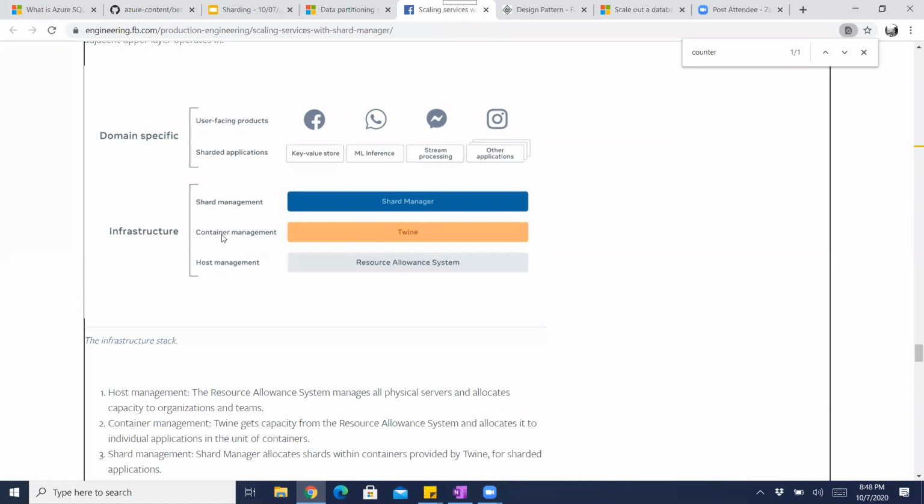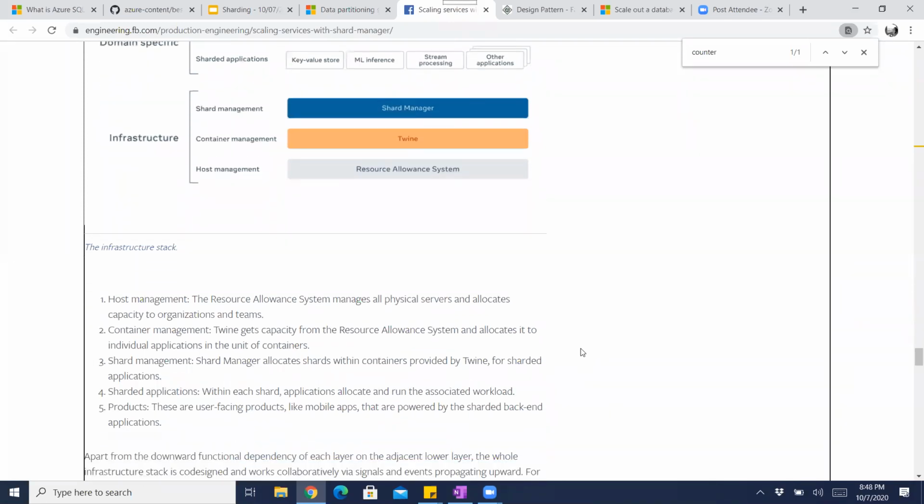Then there is container management. It's interesting, they suddenly jumped into this idea of containers. It seems to me that's a common thing they're using in their architecture. But here they talk about how whatever resources you get from the underlying system, you allocate to applications in the form of containers.